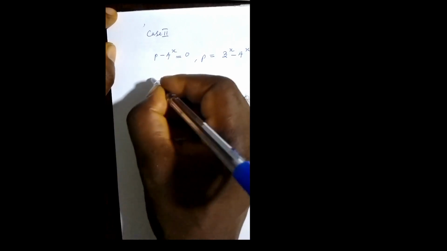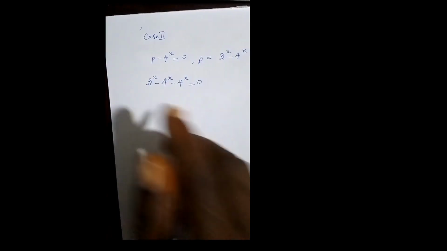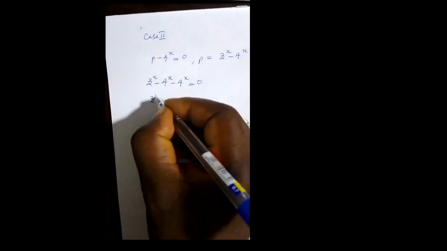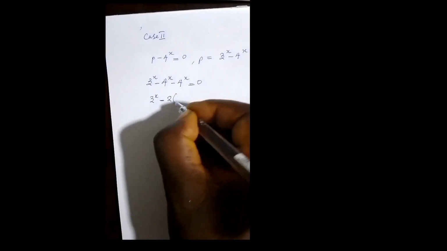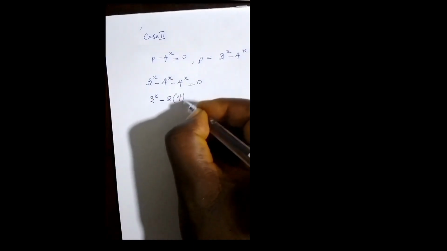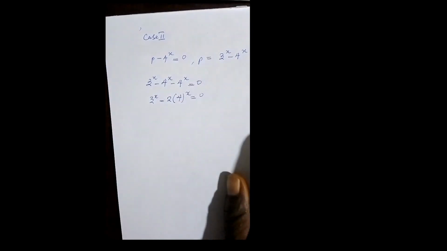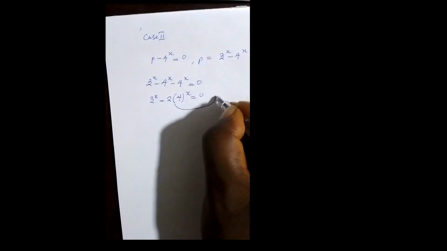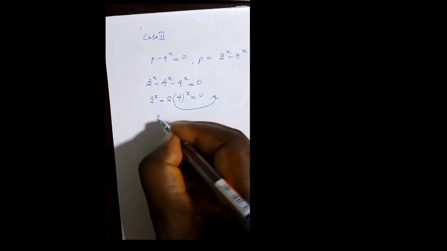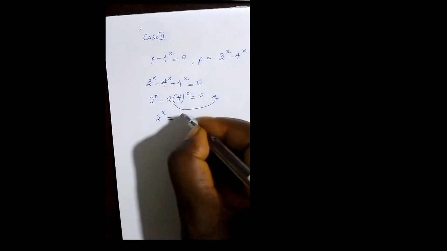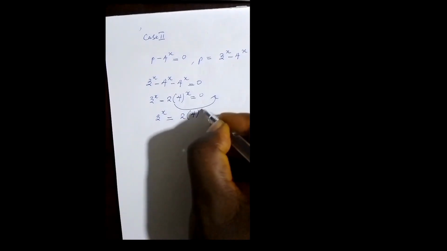So that gives us 3 to the power of x minus 4 to the power of x minus 4 to the power of x equal to 0. What that means is that 3 to the power of x minus 2 times 4 to the power of x equal to 0. So we move this to the right hand side, so it becomes 3 to the power of x equal to 2 times 4 to the power of x.